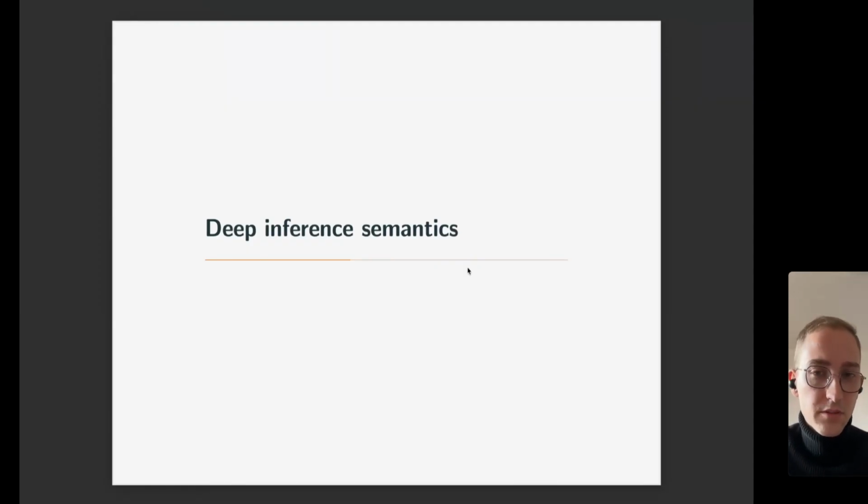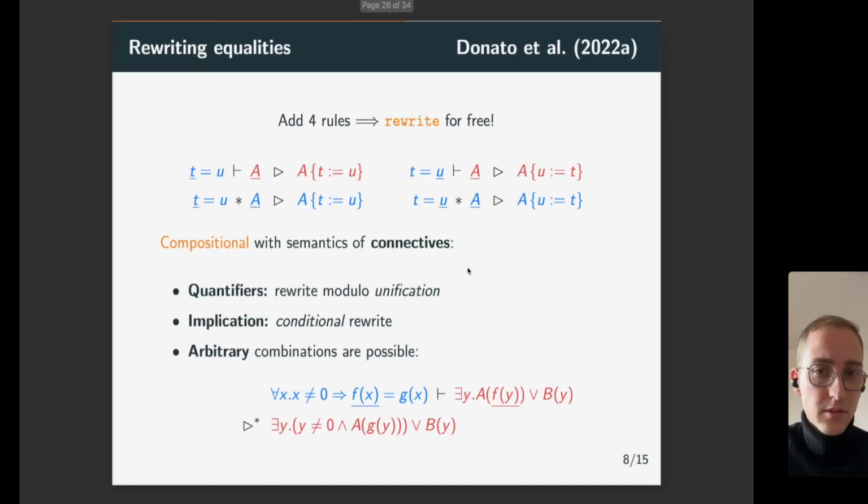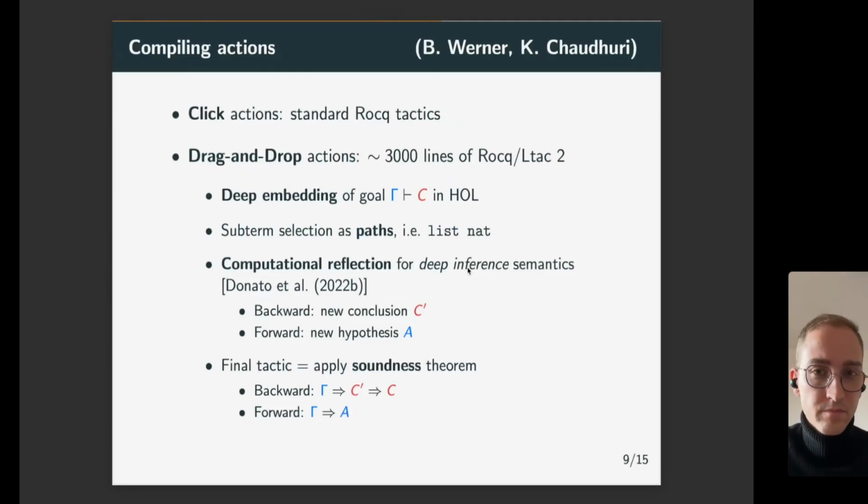So I'm going to skip this part, which was a bit technical about how these drag and drop actions work. They can be quite complex. Basically, the way it is compiled is that click actions correspond to standard Rocq tactics like intro, destruct, etc. So this is quite easy.